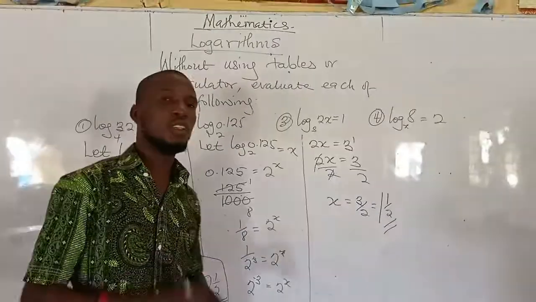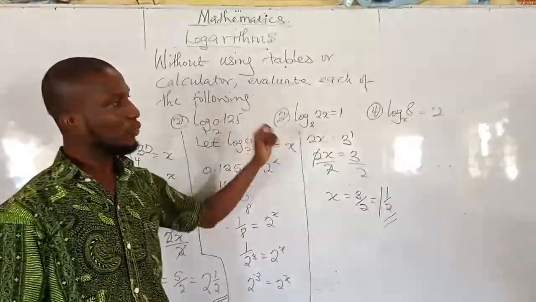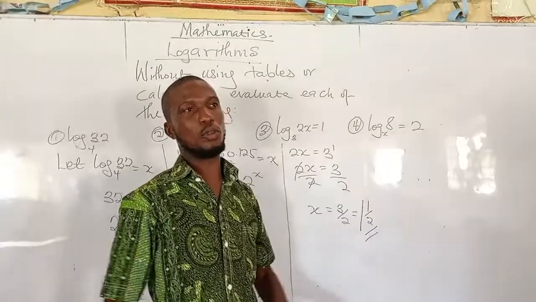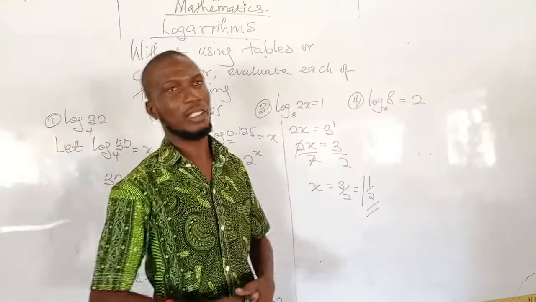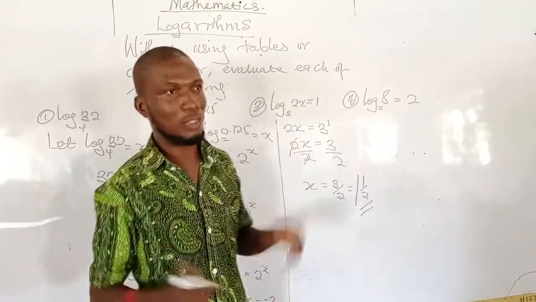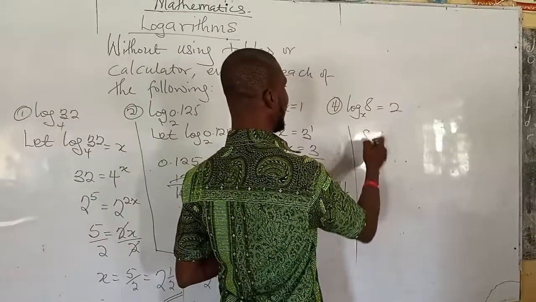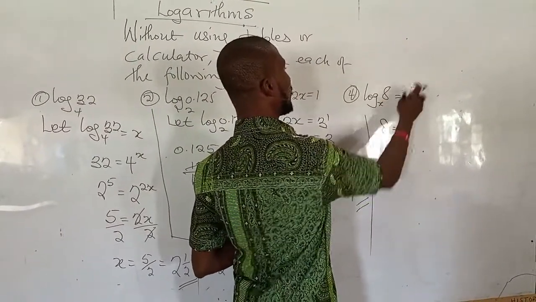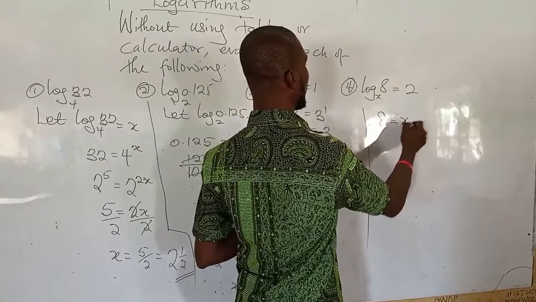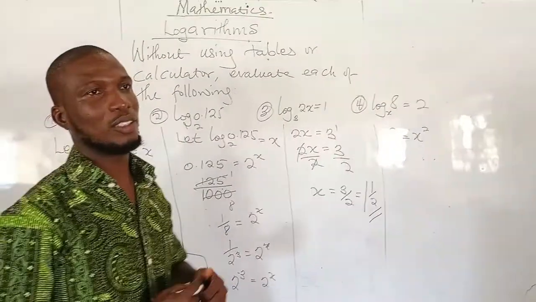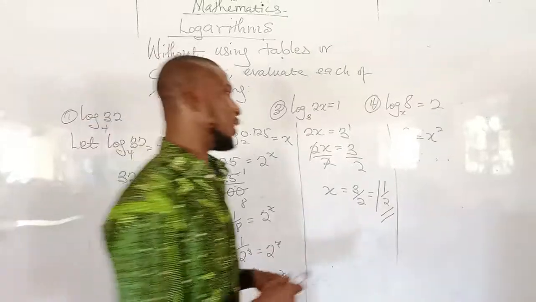Then let's get the last one. Question 4, just like question 3, they have given us an equation already with x in it. So we don't have to let it be equal to any x. We just use the definition. And the definition means that this 8 here should be equal to this x raised to the power 2. To get the value of x, you have to find the square root of both sides.